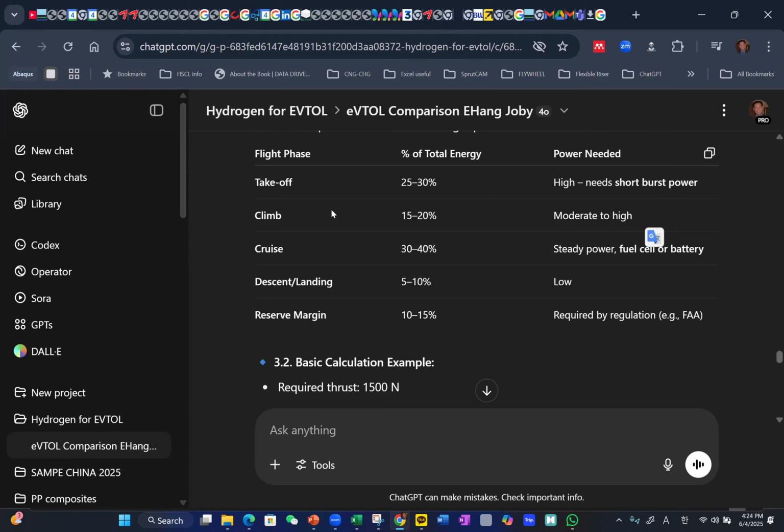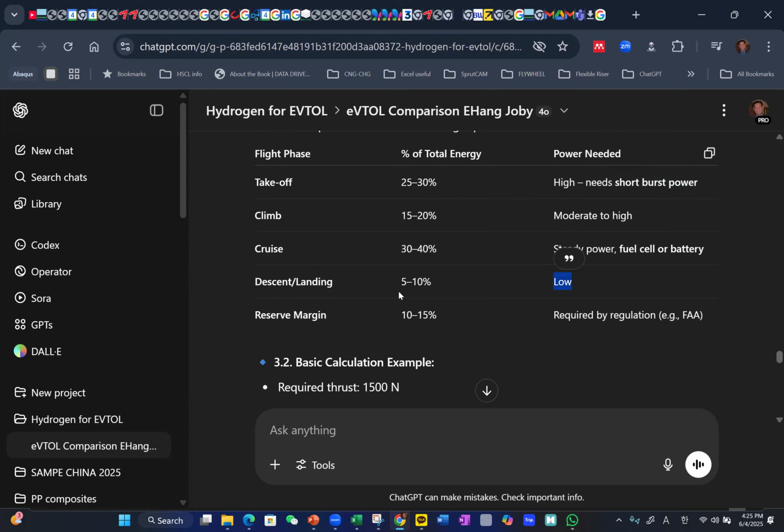Now, takeoff and landing: takeoff is the most demanding, requiring high power, and climbing is moderate, and cruising is standby power, and then descending and landing is low.